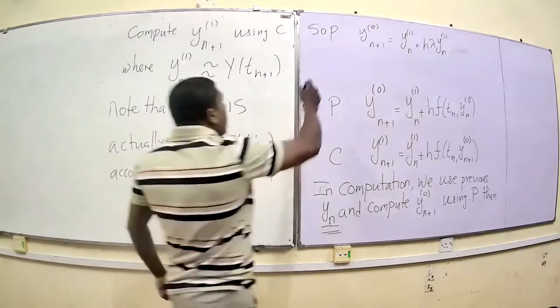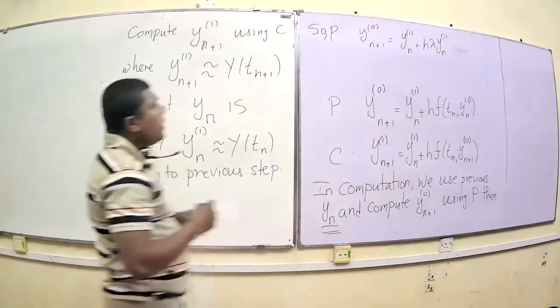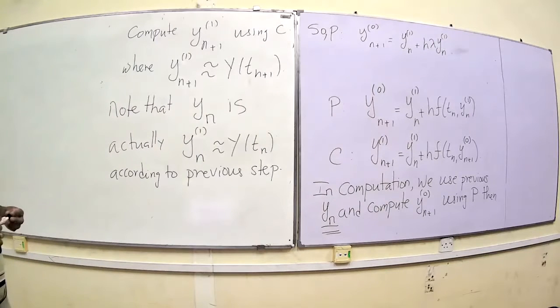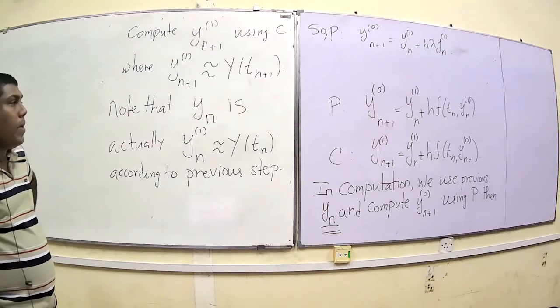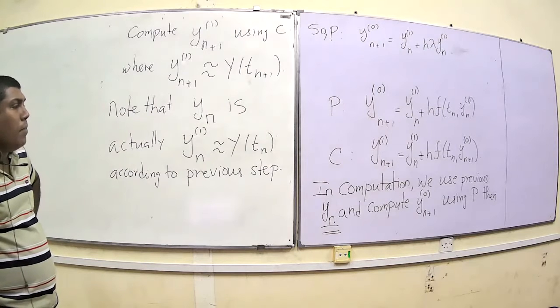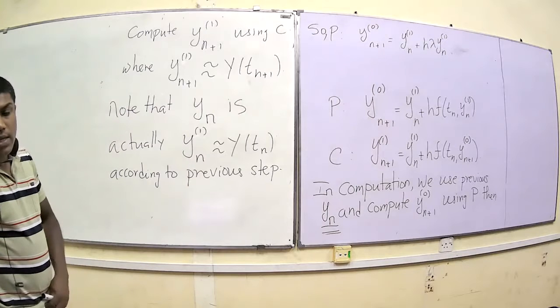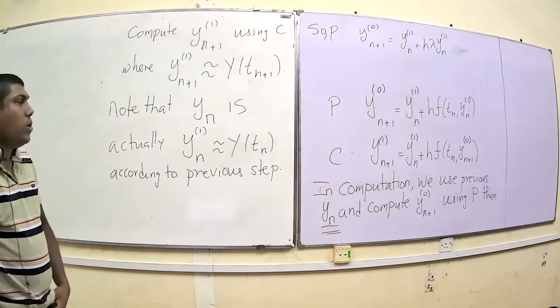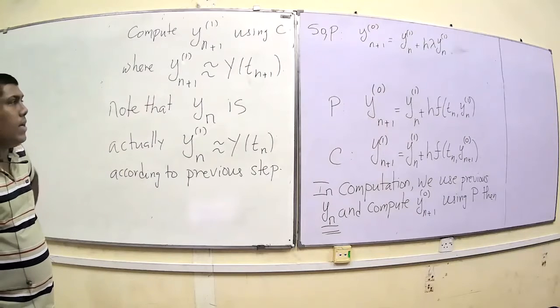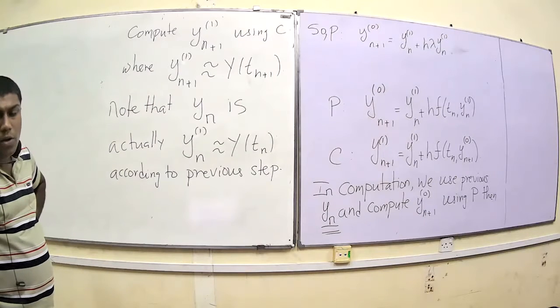If you write P, the predictor method, you get yn plus 1 0 is equal to yn1 plus h times f, but f is lambda times y. That is how the question is given. So that is how the predictor method looks.